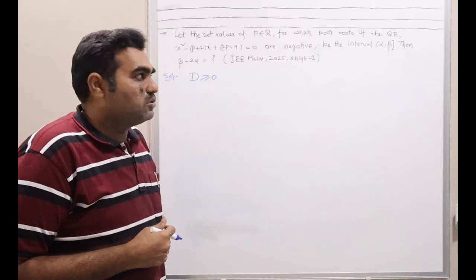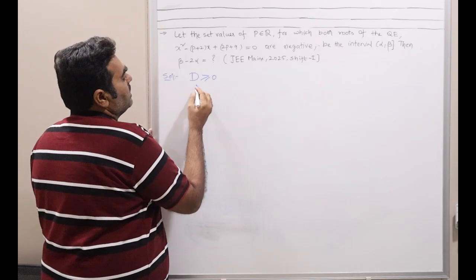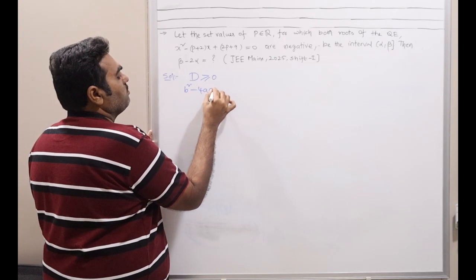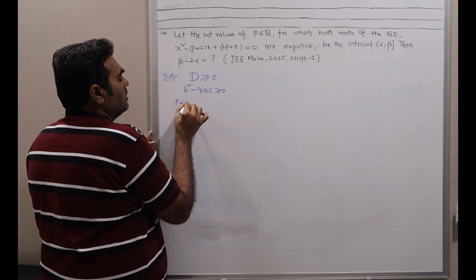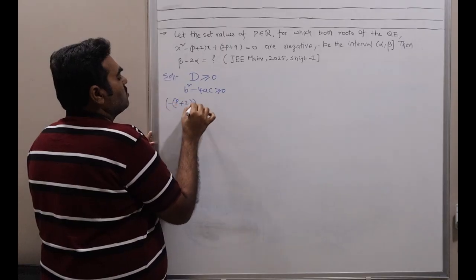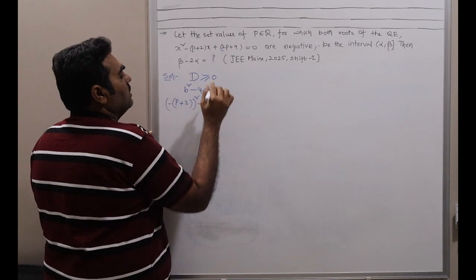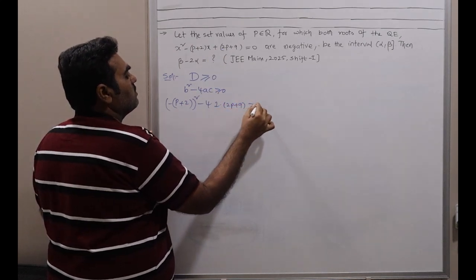That is not mentioned, so we can keep greater than or equal to 0 here. Now D is b square minus 4ac. So b is minus (p plus 2), so I can write (p plus 2) whole square minus 4 into a, which is 1, and c is 2p plus 9, is greater than or equal to 0.